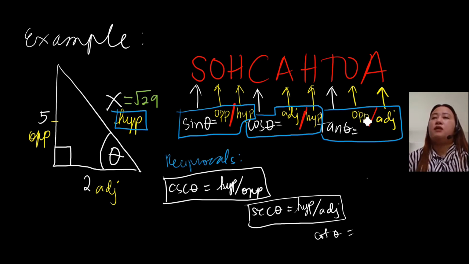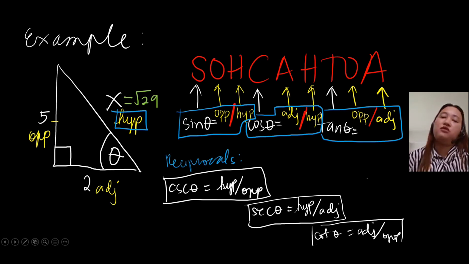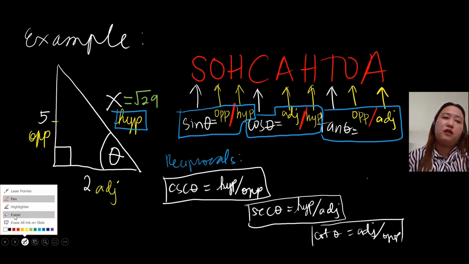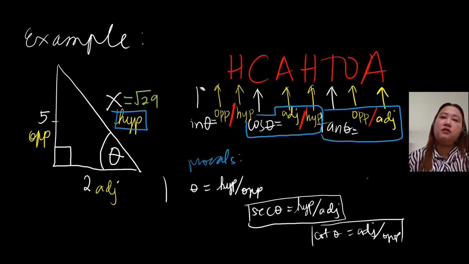If opposite is in the numerator in tangent, for cotangent it is in the denominator with adjacent in the numerator. This is cotangent theta, adjacent over opposite. Okay, next. So we're gonna continue solving.